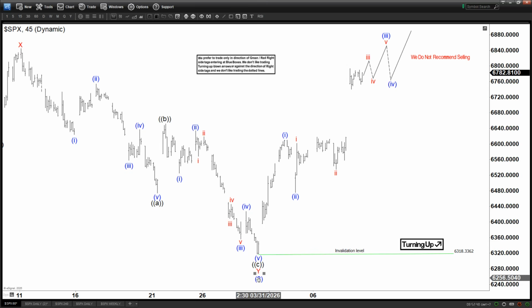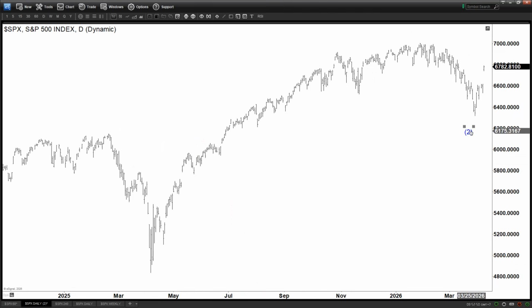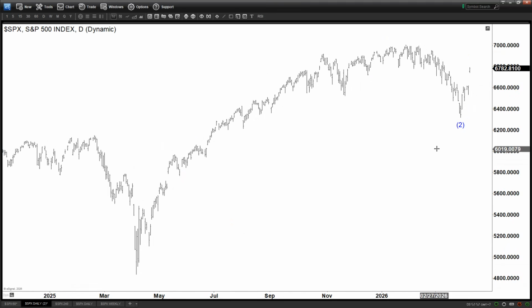So let me look at the daily time frame. This is wave 2. Okay, so that means the wave 1 is right here on the daily time frame. So what we are looking at right now is a correction against this April 7, 2025 cycle, right?